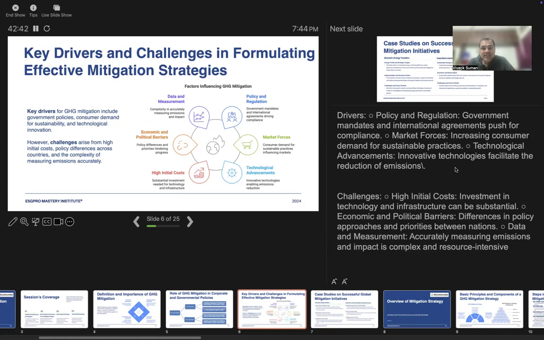Technological advancement is another one, where innovative technology facilitates reduction of emission across sectors and segments, right? It became easier. Now I can buy biochar. Biochar technology. Government of India was really struggling with the stubble burning case. Gaurang must be knowing, right?